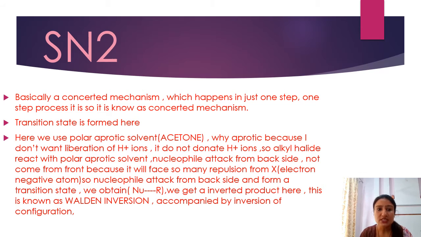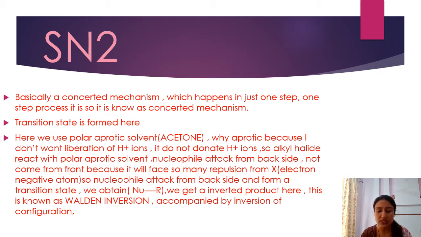SN2 reactions basically follow a concerted mechanism. Now the question arises, what is a concerted mechanism? A concerted mechanism is a mechanism which happens in just one step. It is a one-step process, so it is known as a concerted mechanism.